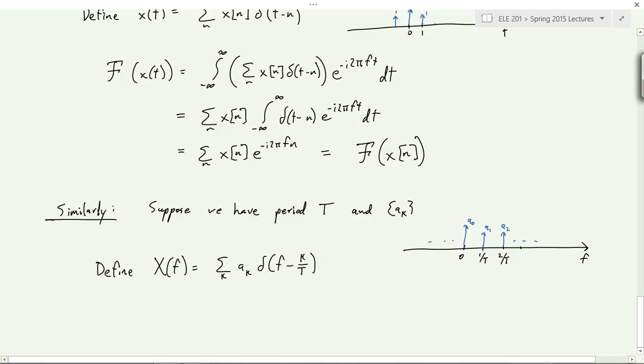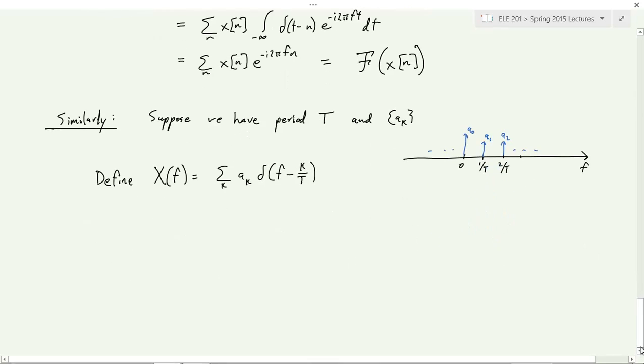So this is just exactly taking this frequency domain representation and representing it as a series of delta functions. We'll call this X of f. And what I want to argue is this is a Fourier transform of our signal. Okay, how do we check that?